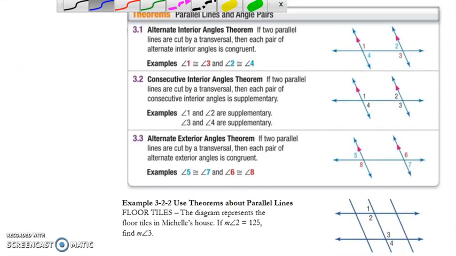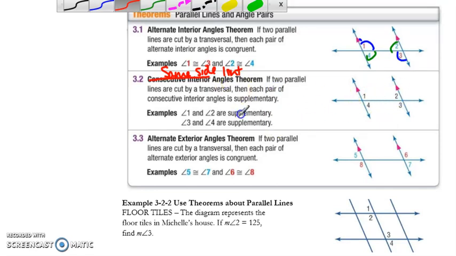All right. So, by the alternate interior angles theorem, if two parallel lines are cut by a transversal, then we know that those alternate interior angles are congruent. So 1 and 3, and 4 and 2, are going to be congruent. We also know that our same side interior angles are going to be supplementary.